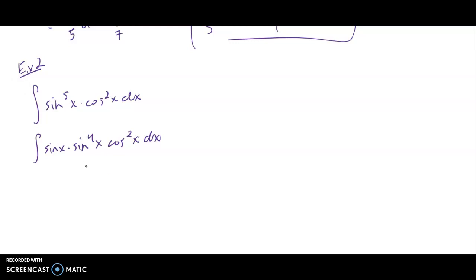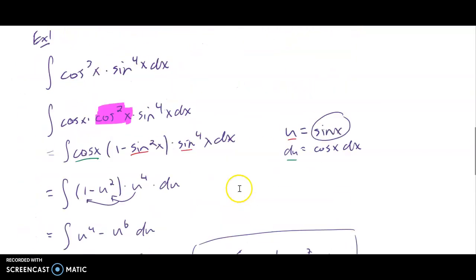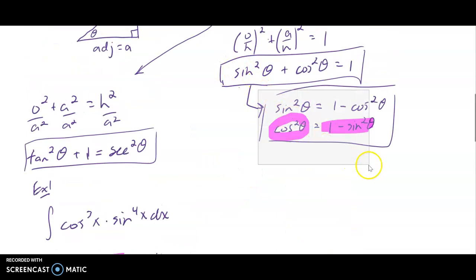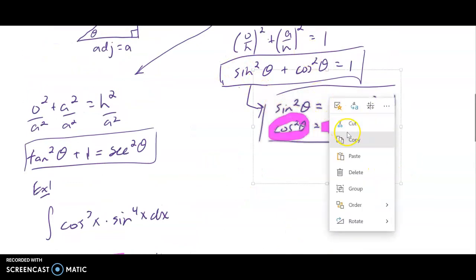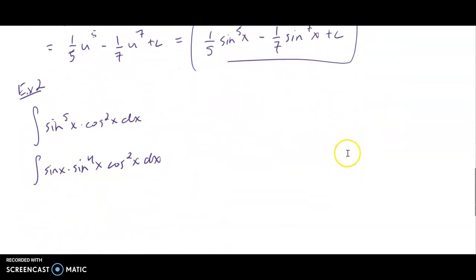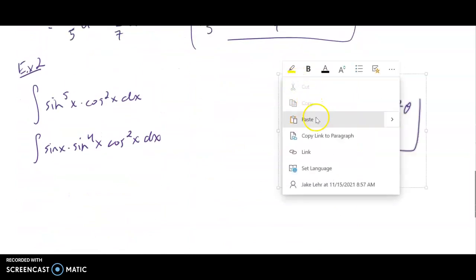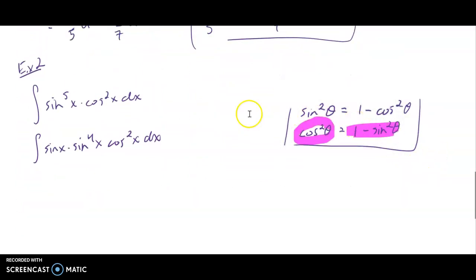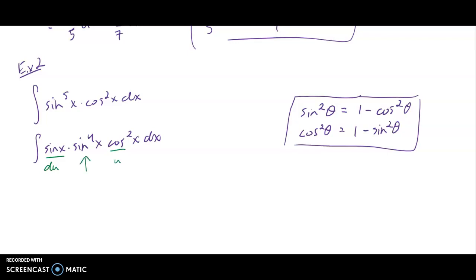Now, I'm going to go ahead and copy and paste this. All right, there we go. What I want you to see here is that this right here is going to be the du part, and this cosine is going to be a u, so I need to convert this piece right here.